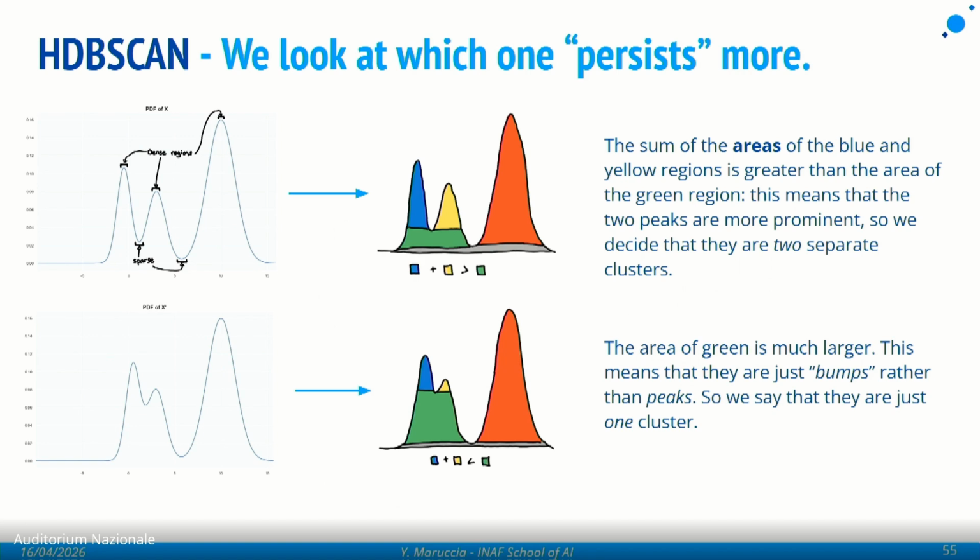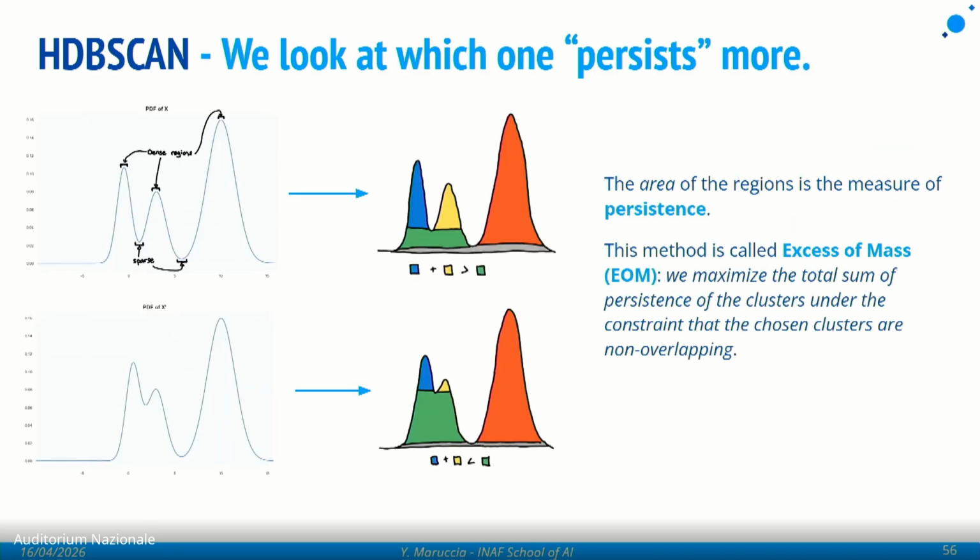Okay, so here the blue and the yellow ones are less than the green area, and so the area of the green is much larger, and this means that they are just bumps, so they are not clusters. The area of the regions is the measure of persistence.